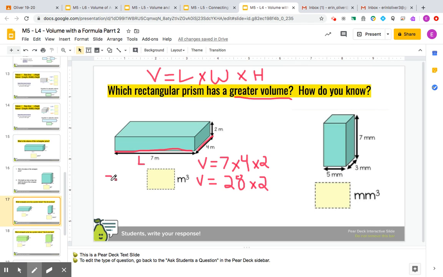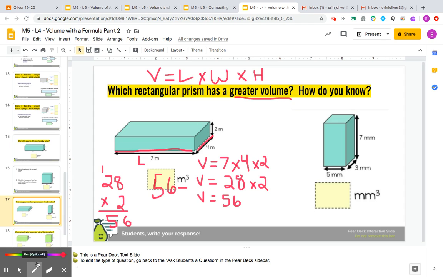Okay, I can add them up off to the side, or I can multiply. 2 times 8 is 16. 2 times 2 is 4, plus 1 is 5. So our volume is 56 meters cubed, so 56 cubic meters.